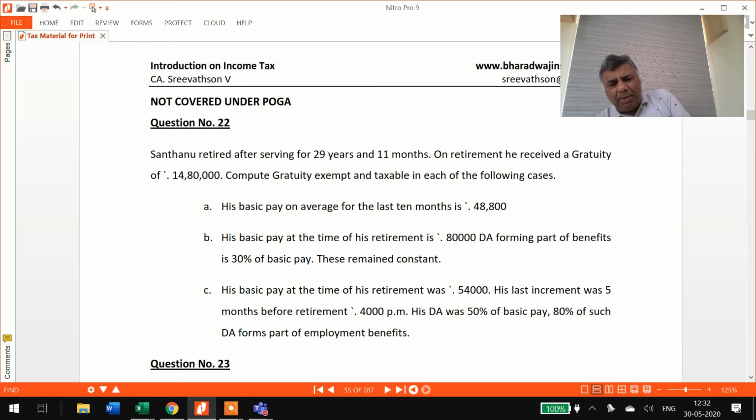So 5 months before he was drawing only 50,000. The last 5 months only, his salary has become 54,000 per month. Before that it was only 50,000.